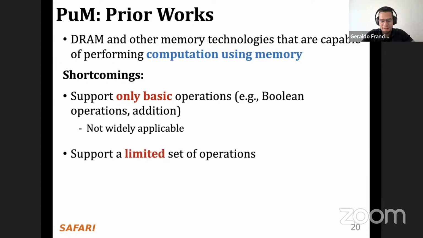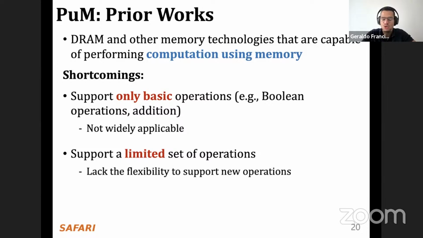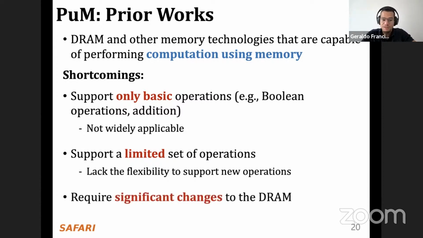The fact that they only support basic operations also means they support a limited set of operations, which creates flexibility problems. And if you want to solve those 2 problems that I mentioned before, prior works do support more complex operations, but they require significant changes to the DRAM array.